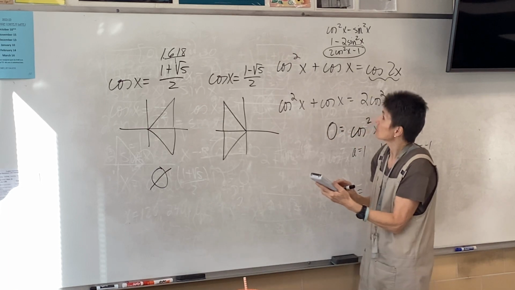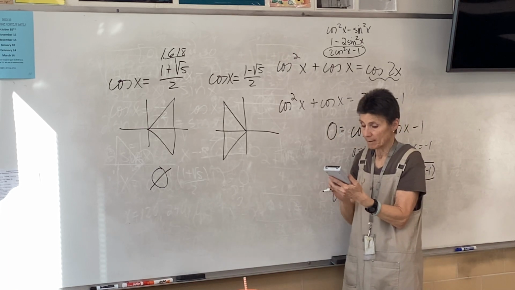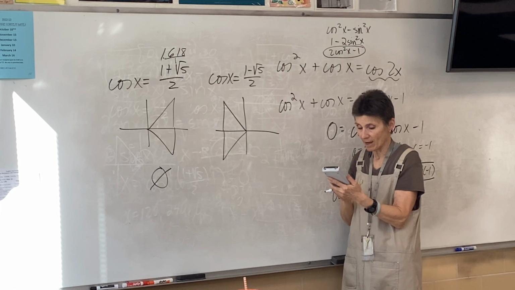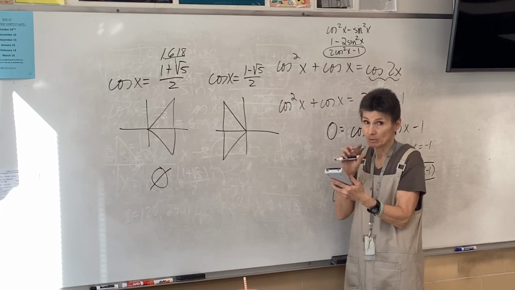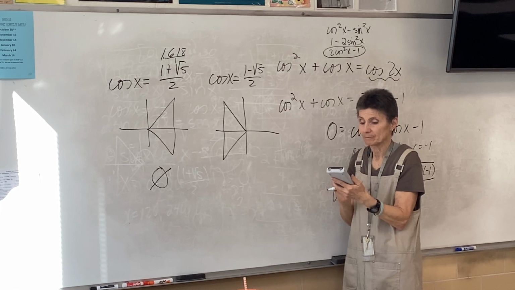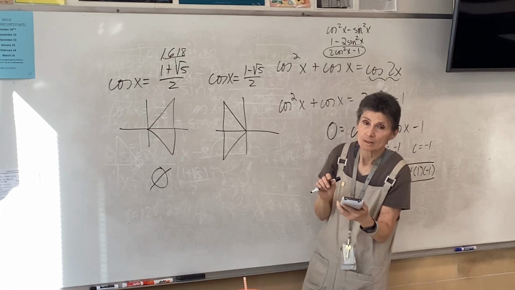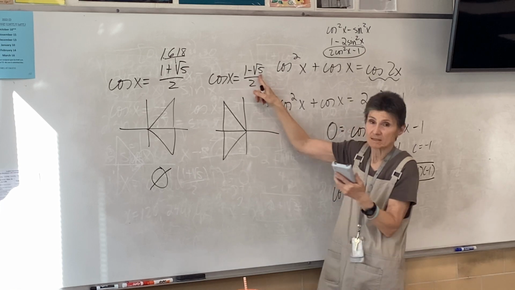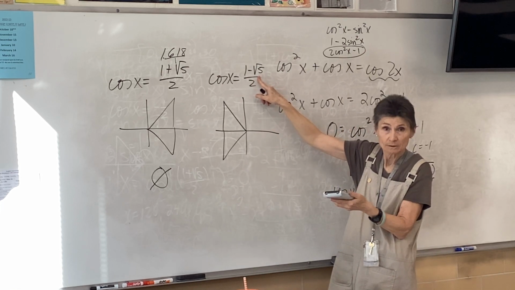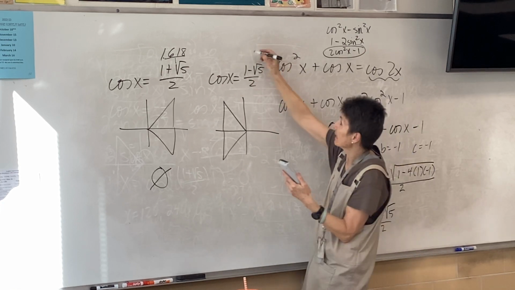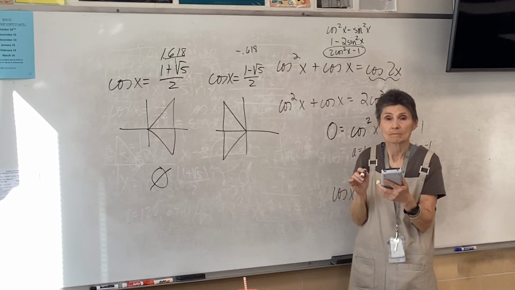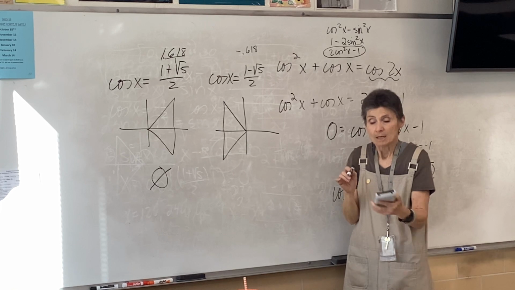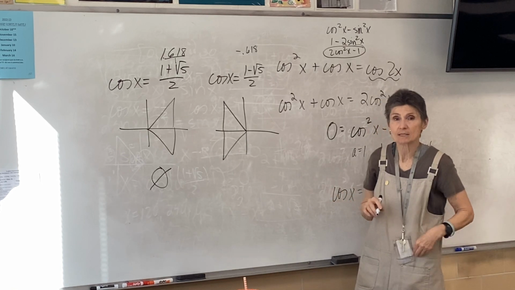Same thing. So let's type in 1 minus the square root of 5 equals, divided by 2, and I got negative 0.618. Second cosine is a little bit tricky.